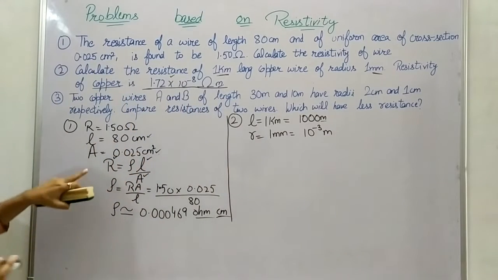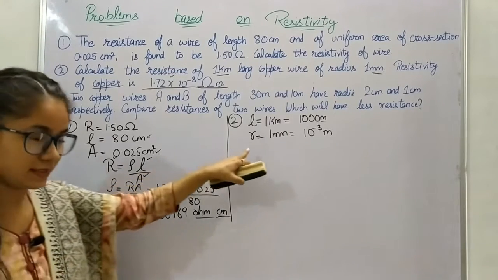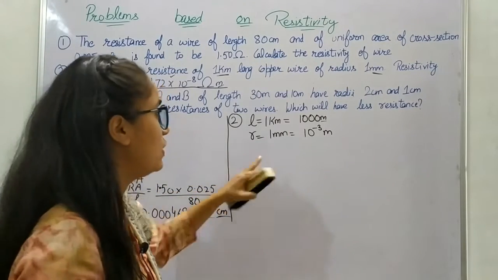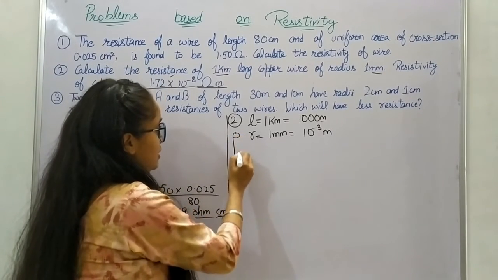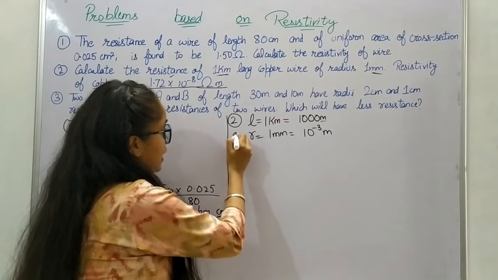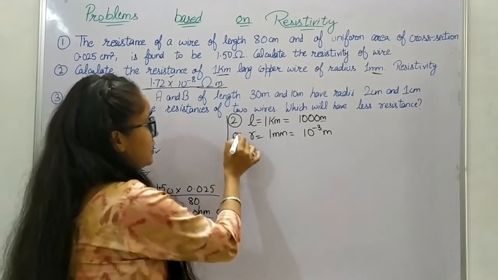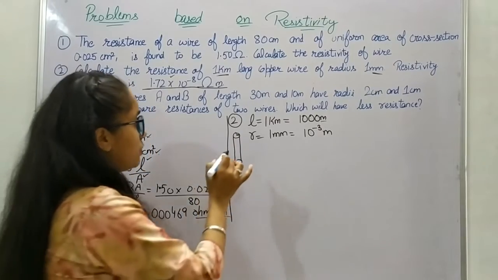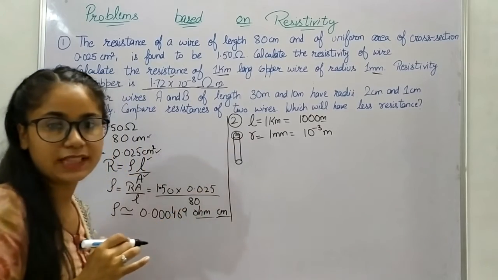Now if you remember the formula, you would know that it has area, not radius, right? As the copper wire is circular in cross section, and we are provided with the radius, we can get the whole area with the help of this radius.